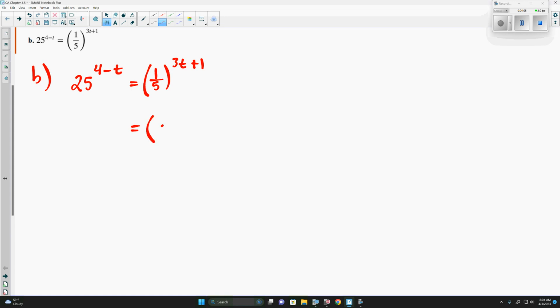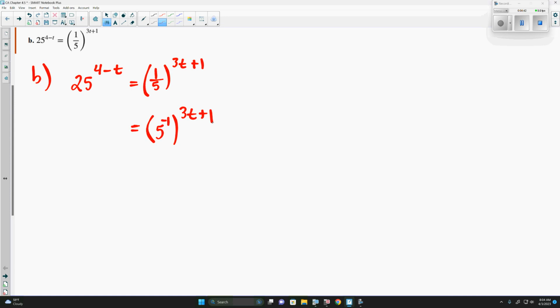And what we can do is move the 5 from the denominator to the numerator. So realistically, we have 1 times 5, but it's the same as 5. And whenever we move a number or a variable from the denominator to the numerator, numerator to denominator, whenever we move it across that fraction bar, we change the exponent from positive to negative or negative to positive. So we moved it up, which took it from positive 1 to negative 1.